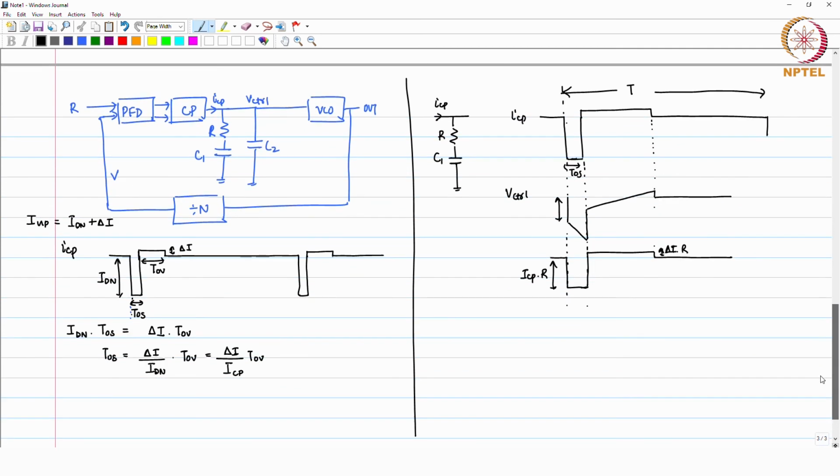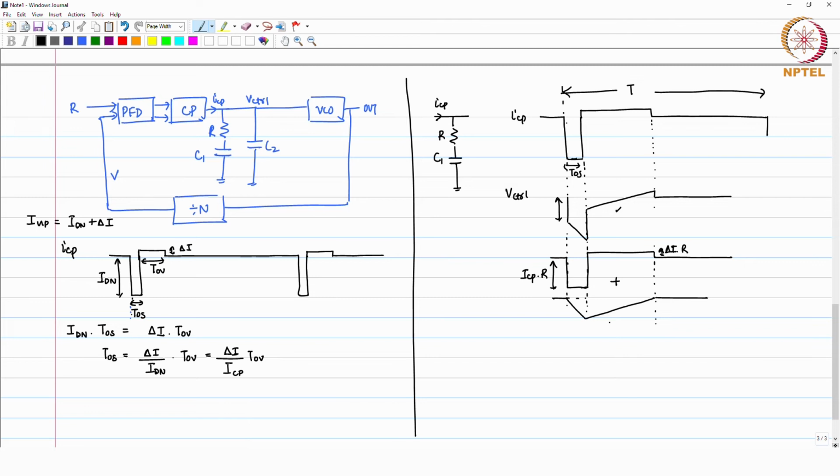The other part which you are seeing is nothing but the integrator part of it. That integrator part is doing something like this, ideally. So, this V control which you have here is the sum of these two.